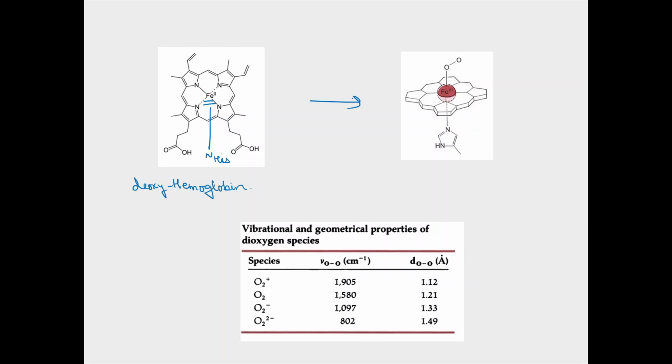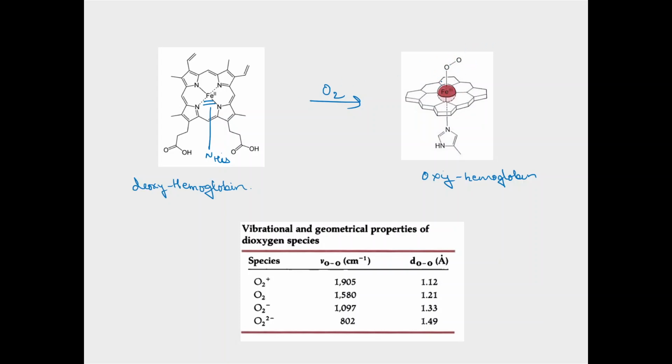So in oxyhemoglobin, when O2 is coordinated, all the other things will remain the same. This iron center will be iron 3, coordinated with the 4 nitrogens from the porphyrin ring, and the O2 dioxygen molecule is coordinated.